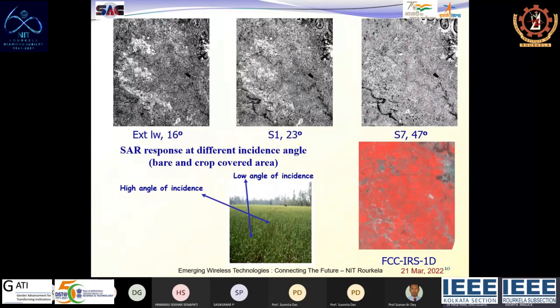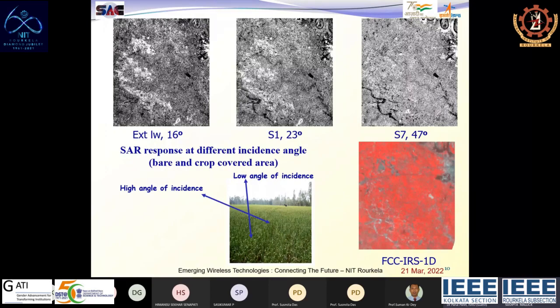And when you go to 23 degree, a little bit of a mix of the vegetation and the soil is coming. But when you look at 47, the entire energy is interacting only with the crop canopy, and your entire path length is absorbed within the crop. So the information you are getting is from the crop.